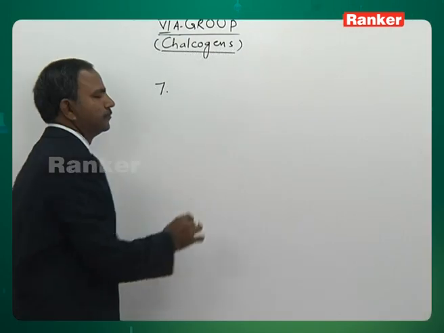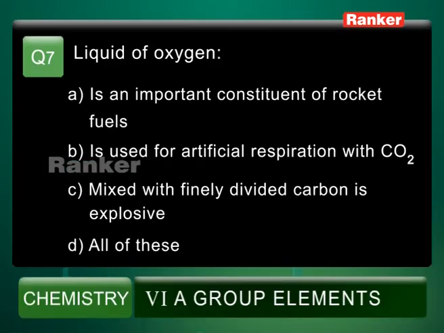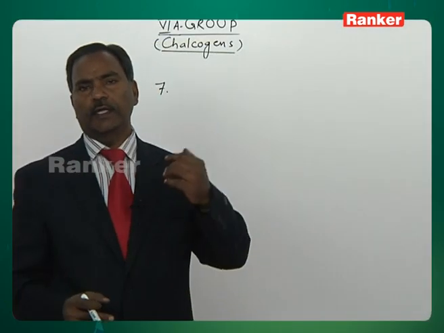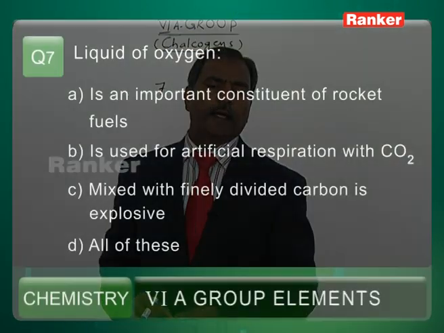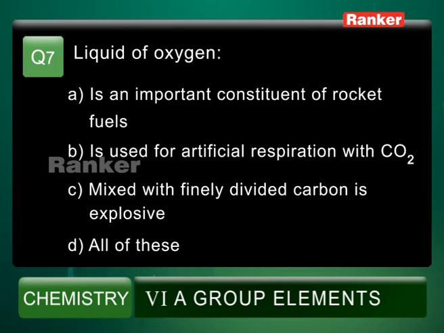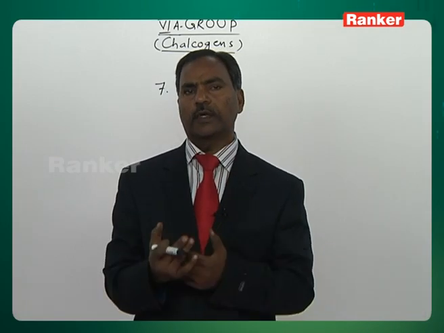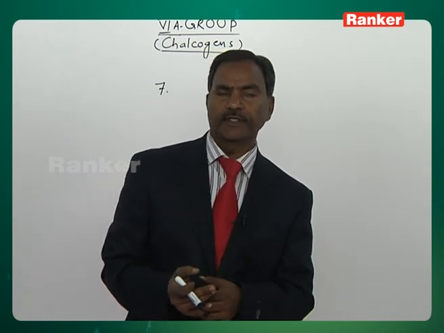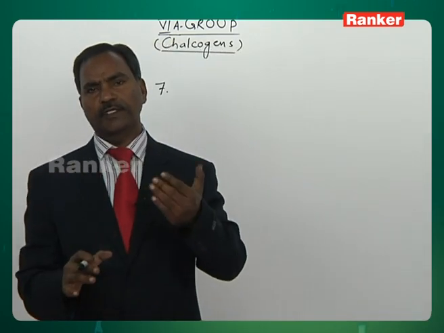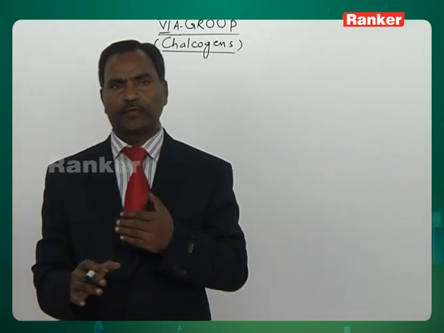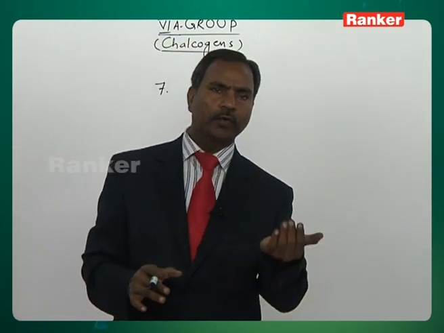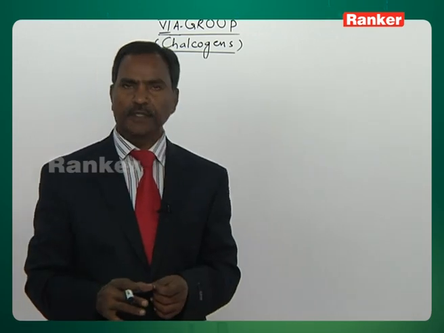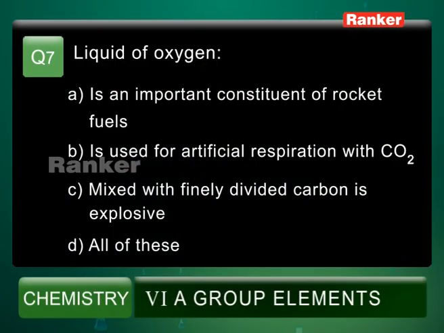Question number 7. Liquid oxygen, first one, an important constituent of rocket fuels. Generally, oxygen is the oxidizing agent, used in rocket fuels. And it is used for artificial respiration with CO2. See, a mixture of O2 90% and CO2 10% is used under the name carbogen for artificial respiration. Coming to the mixture with finely divided carbon is explosive.